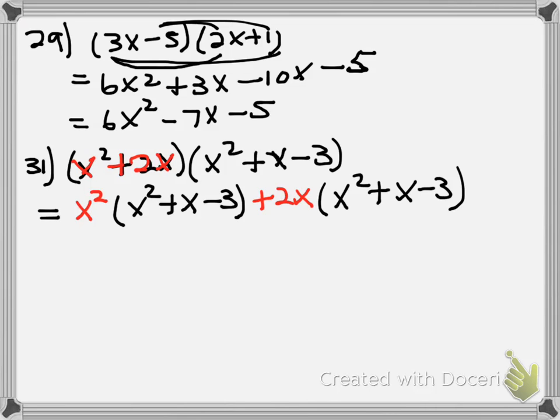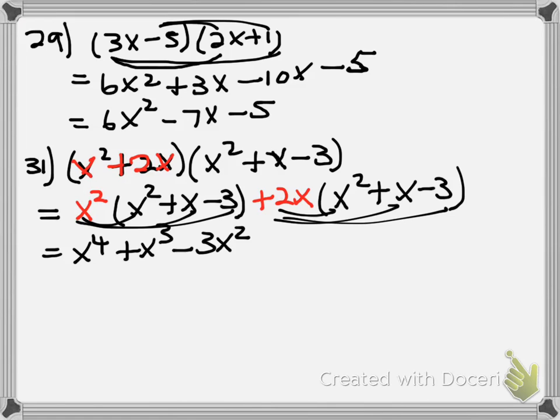Now I'm just going to simply distribute everything. So this gives me x to the 4th plus x to the 3rd minus 3x squared. And now I'm going to distribute this one, plus 2x cubed plus 2x squared minus 6x.